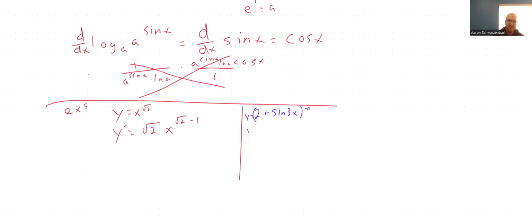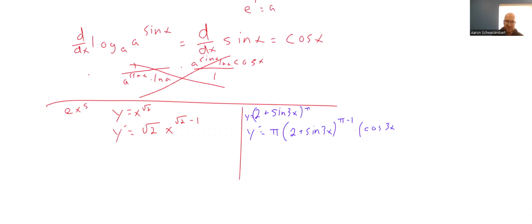For the derivative, bring the pi in front. Pi is a constant for an exponent. Subtract 1. Now I'm multiplying by the derivative of the inside. Derivative of 2 is 0. Derivative of sine 3x is cosine 3x.